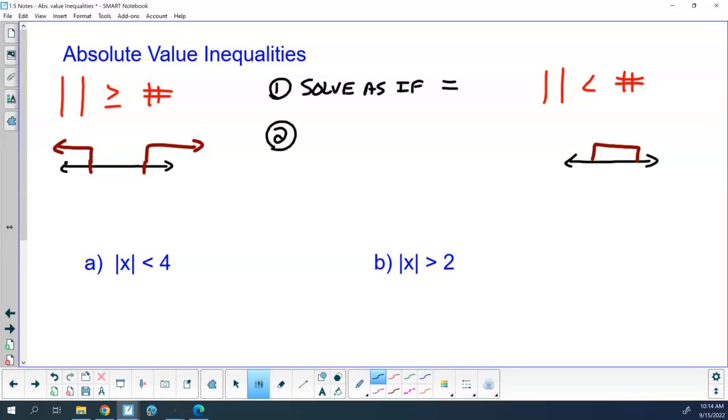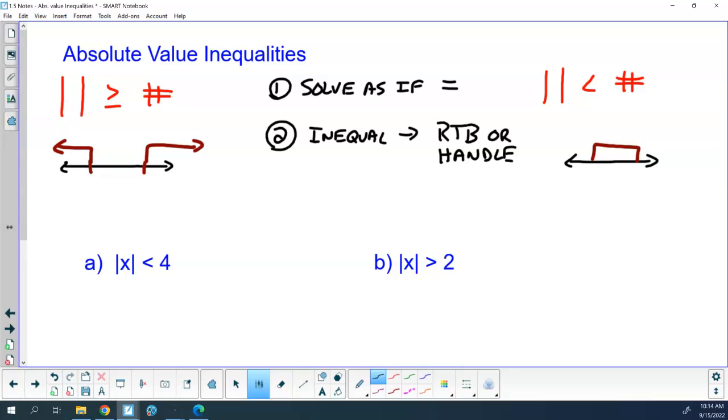Then you're going to determine, based off of the inequality, whether it is going to be your row the boat or the handle.